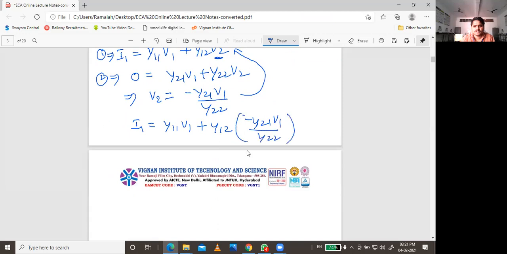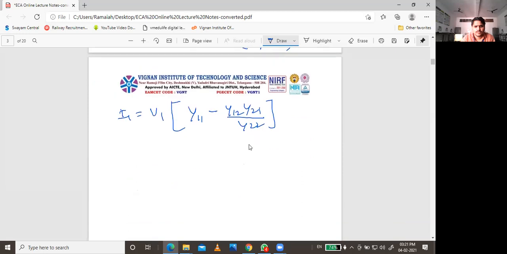Now from this, I1 equal to, take V1 common, Y11 minus Y12 Y21 by Y22. Therefore I1 equal to V1 times, this is Y11 Y22 minus Y12 Y21 by Y22.